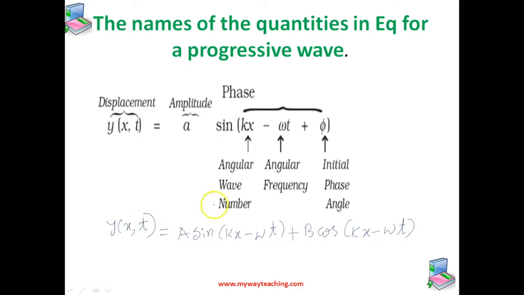So from equation 1 and equation 2, we can write a = square root of (a squared plus b squared), and this φ, the initial phase angle, is given by tan inverse of b by a.